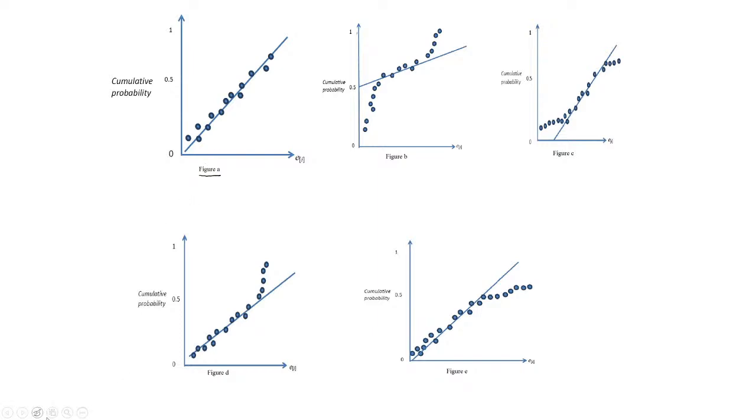This figure has an ideal normal probability plot.